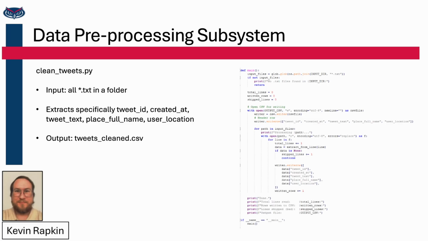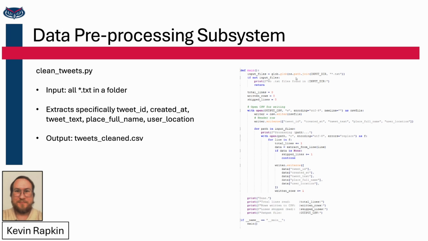We need this because we have a unique identifier for each tweet in the form of the ID, which is a bunch of numbers. The created at, so the date and time of when it was posted, and then the full body text of the tweet. And we have two different location fields because we want to then map the location after we've analyzed the tweets onto a geospatial map.